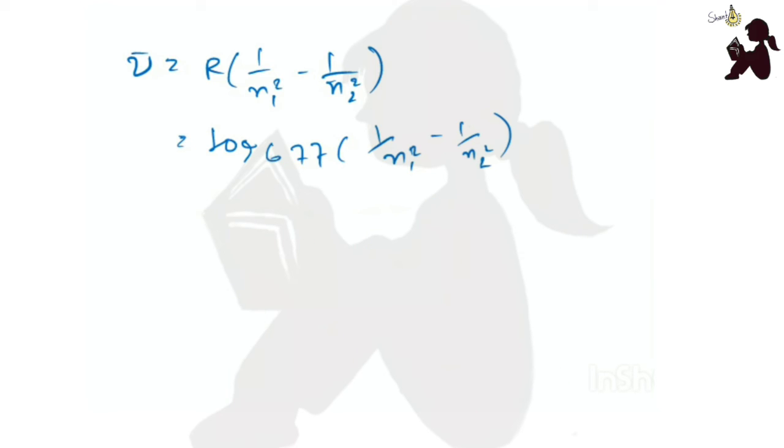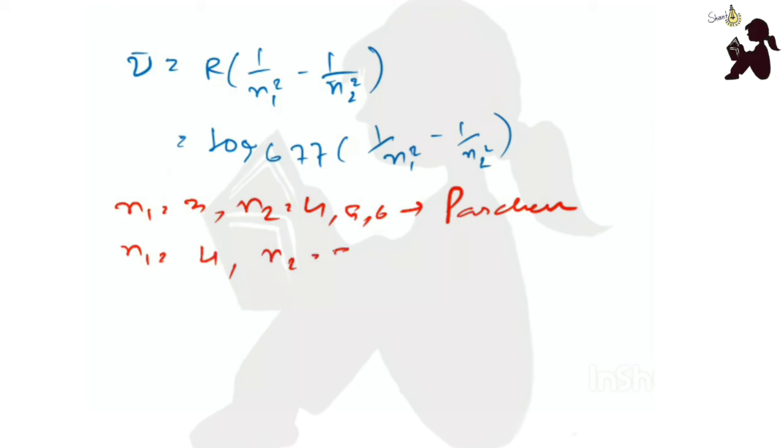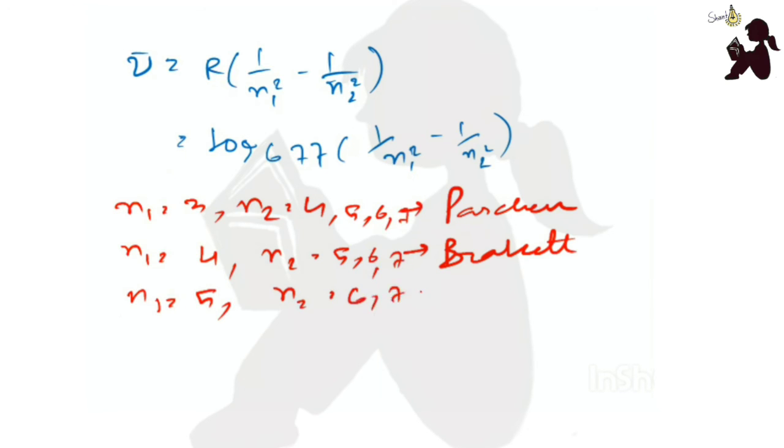Now, if n1 equals 3 and n2 equals 4, 5, 6, then it is the Paschen series. And if n1 equals 4, n2 equals 5, 6, then it is called the Brackett series. If n1 equals 5, n2 equals 6 or 7, then it is called the Pfund series.